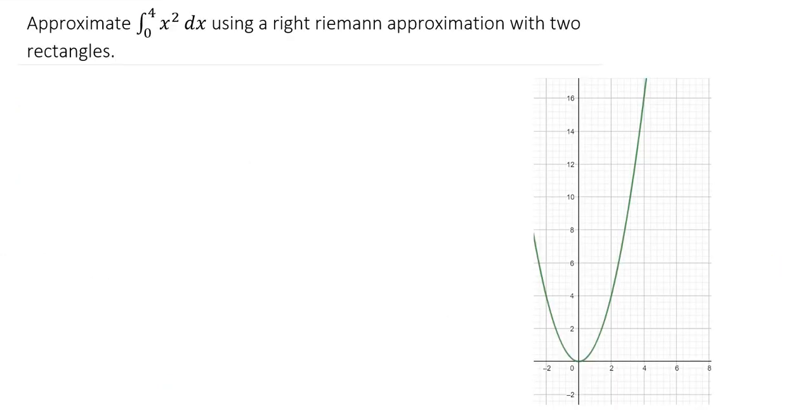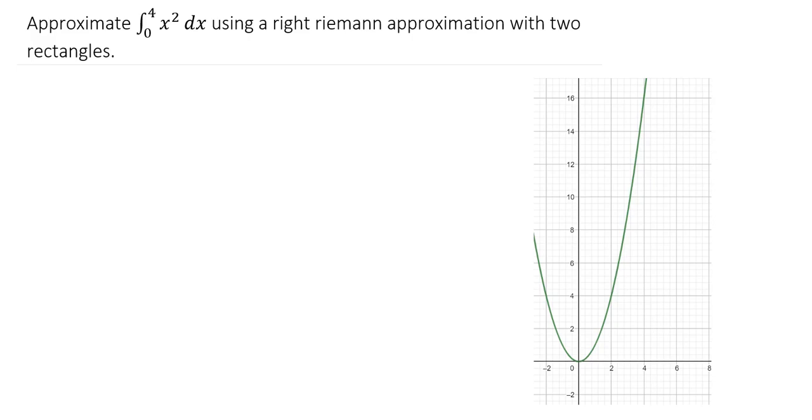In a problem, it'll say something like approximate this integral using a right Riemann approximation with two rectangles. Okay, so two rectangles. I'm finding this area, and two rectangles, going from 0 to 4, means I need to go 0 to 2, and then 2 to 4.